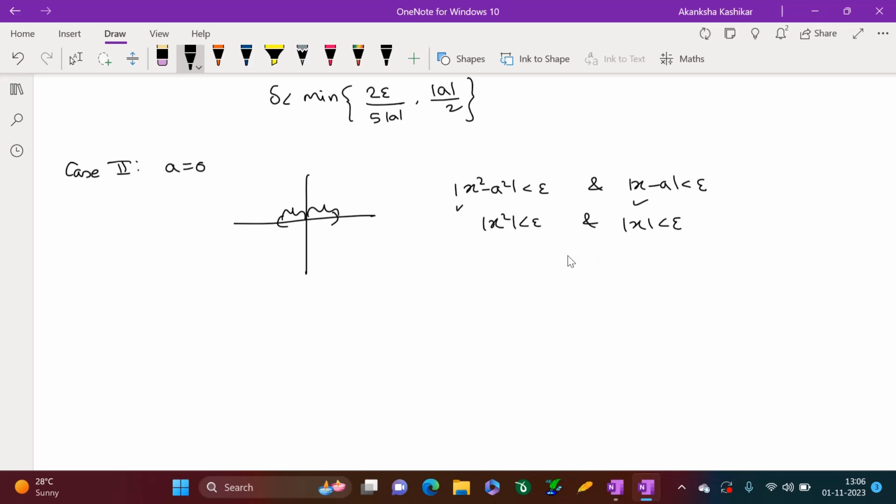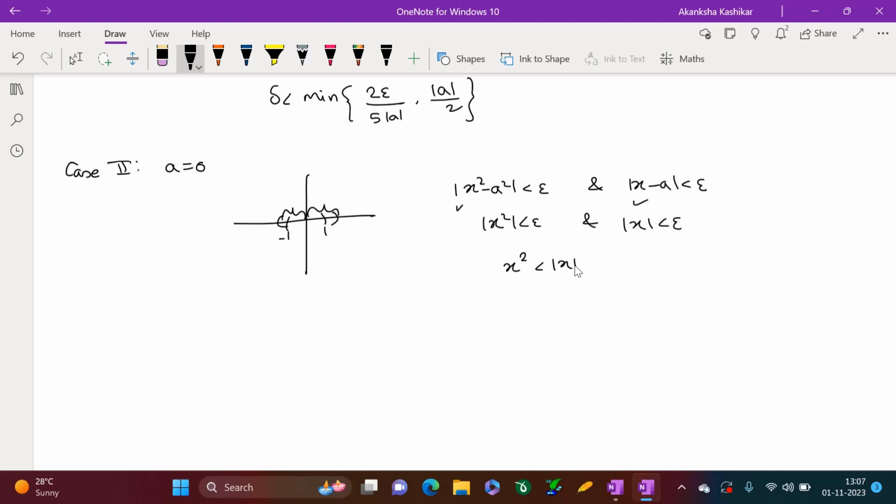Now if I try to again use the same trick that we have been using earlier, if I restrict my attention to the interval -1 to 1, because anyway we have to worry about interval around 0. Okay, so if I restrict my attention to the interval around 0, which is -1 to 1, then in this range I know that x square is always less than mod x. Correct?